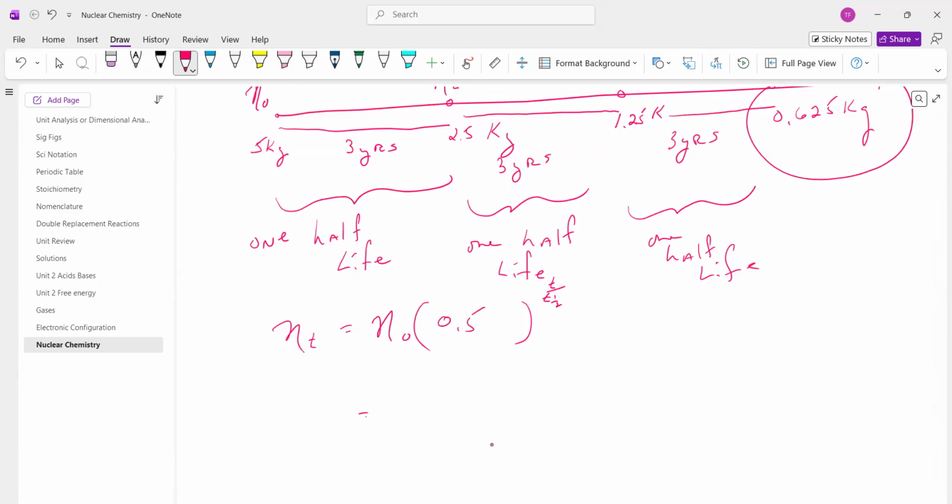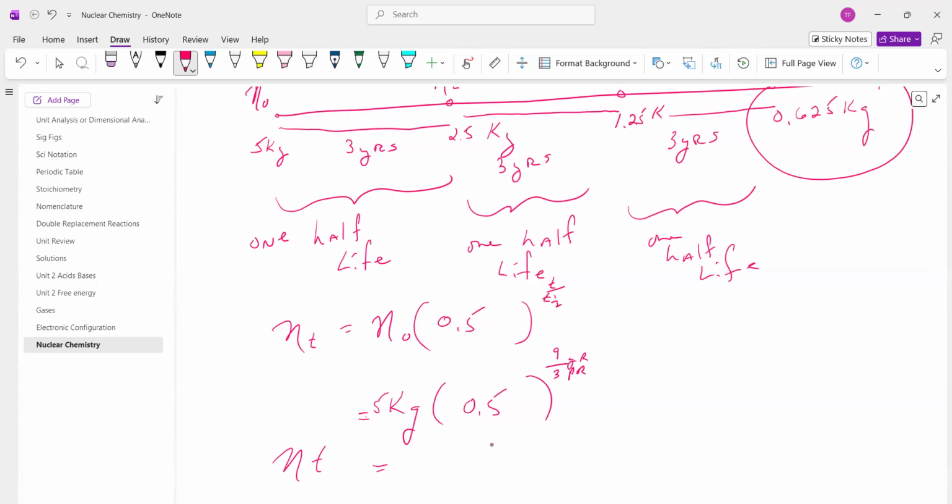So that's equal to the initial mass, which was 5 kilos, and the time was 9 years. Half-life is 3 years. How much mass do we have after that elapsed time?